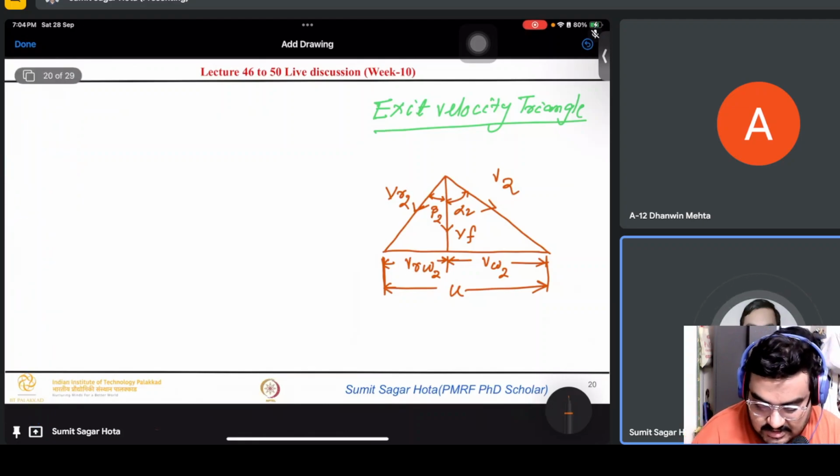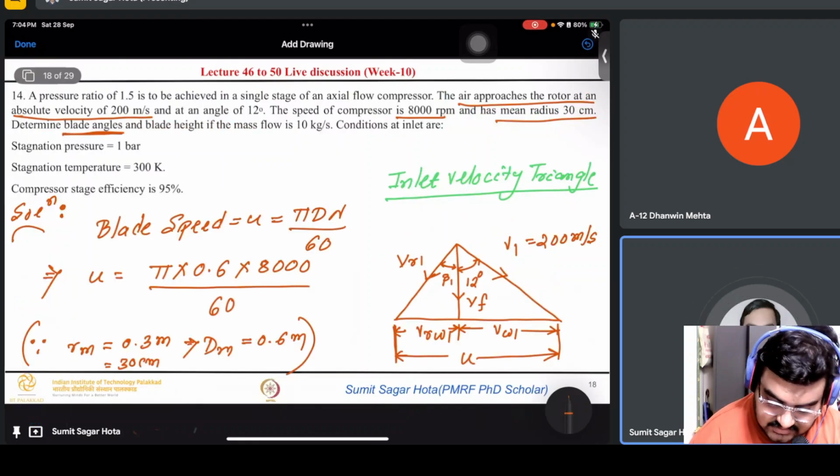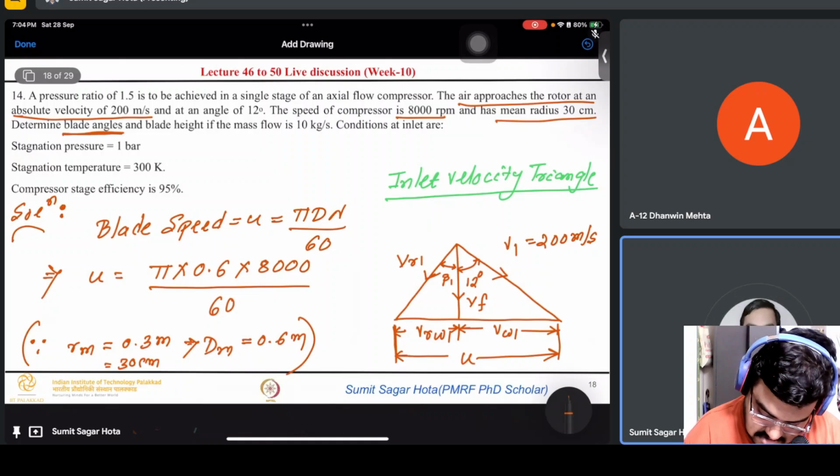So now we just made the exit velocity triangle. In this question, if you see, one thing given here is some temperature values are given.